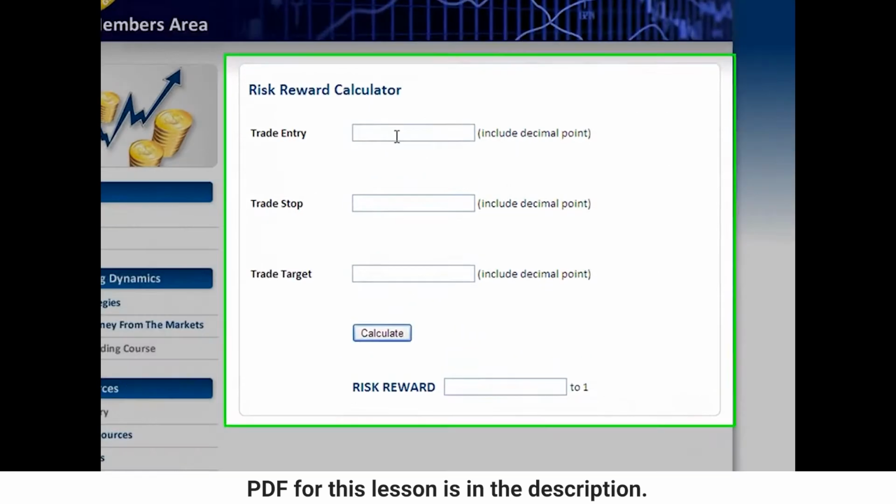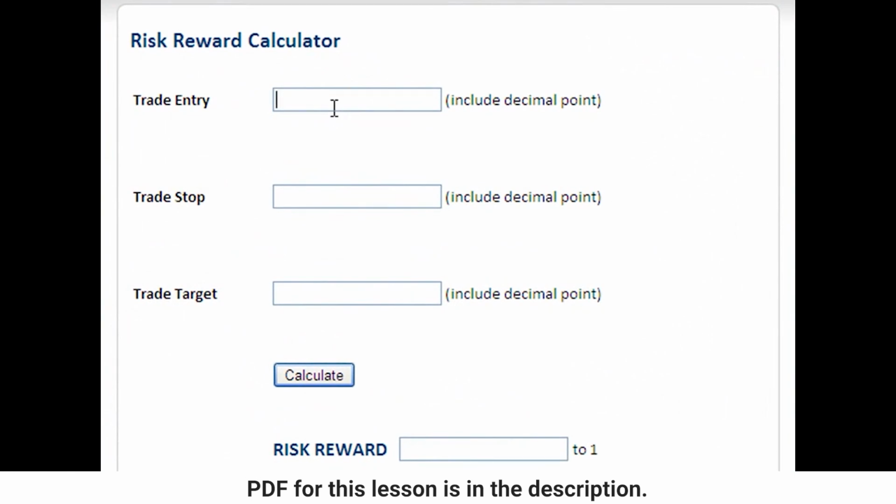So here we are at the risk reward calculator. Our trade entry is 1.0025. Our trade stop is 1.0034. Remember, this is a short trade, and our target is 0.9993.